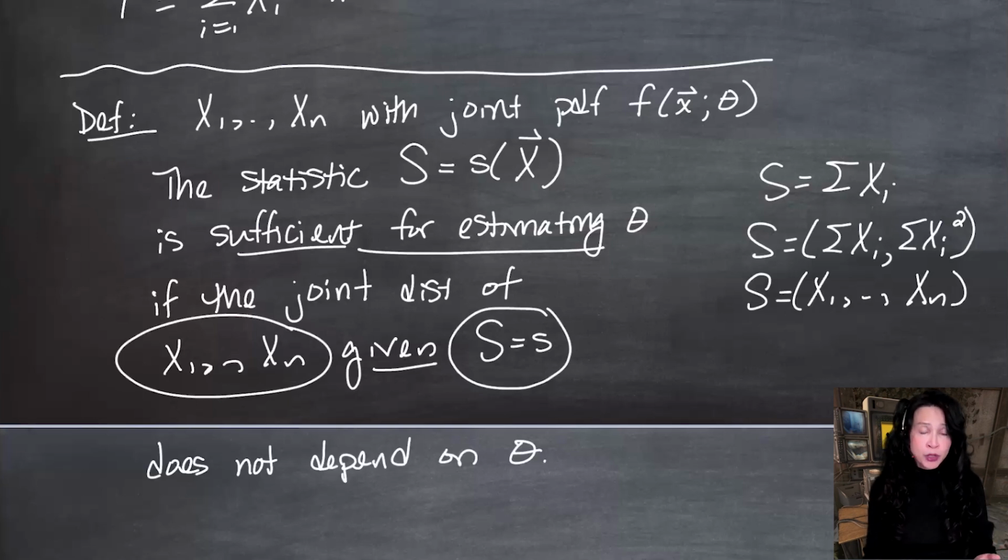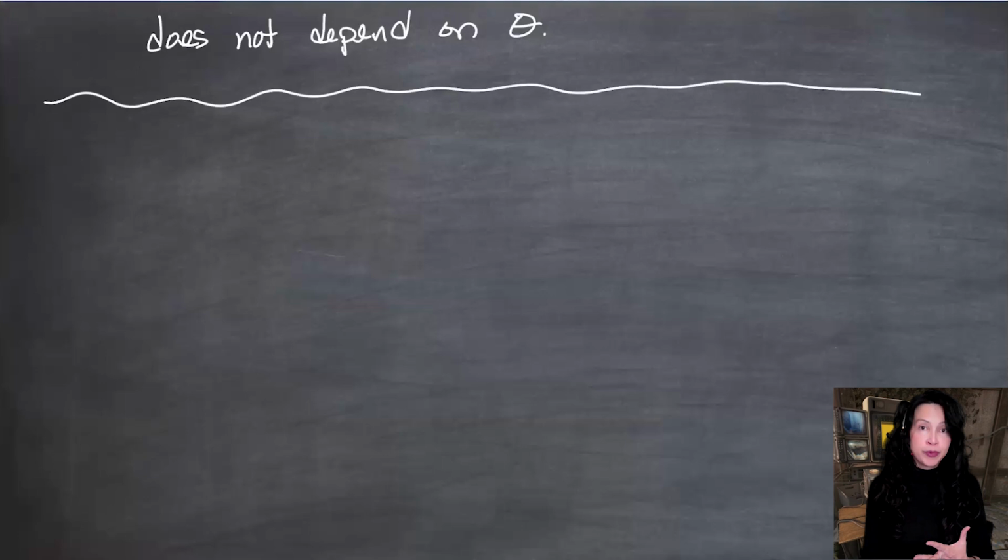So let's go back to our Bernoulli example and try this definition to show formally that the statistic, the sum of the x's, is sufficient for estimating P for the Bernoulli distribution. So we would say sufficient for P, sufficient for estimating P, or sufficient for the Bernoulli distribution, or overall, the best way to encompass it all is sufficient for the model.